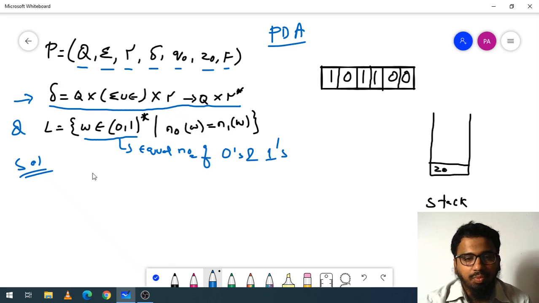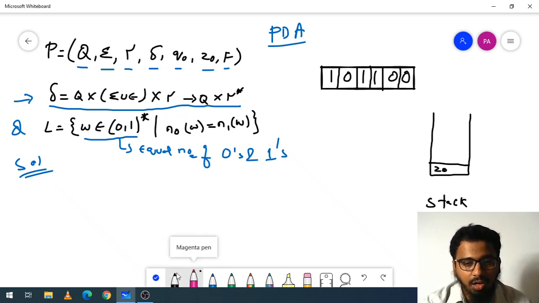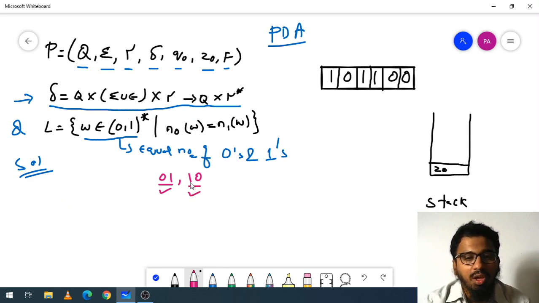Let's check what the zeros and ones are. If I write 0 1, is it valid? Yes, equal number of zeros and ones. If I write 0 1 0, is it valid? It is not mentioned here that it must be 0^n 1^n.